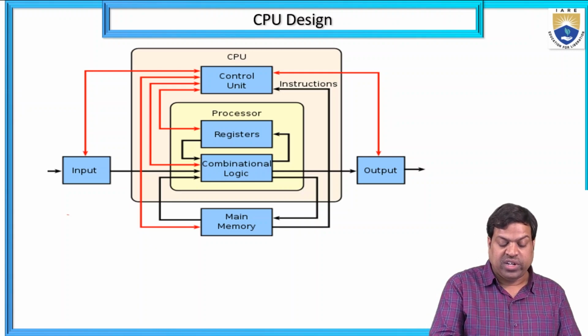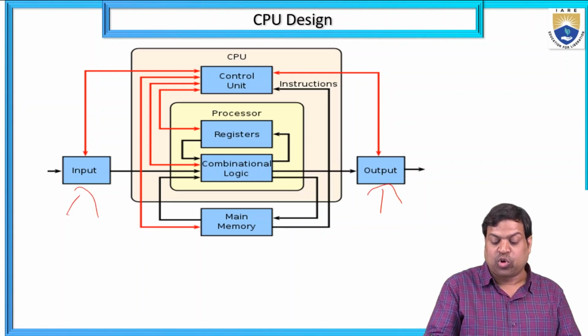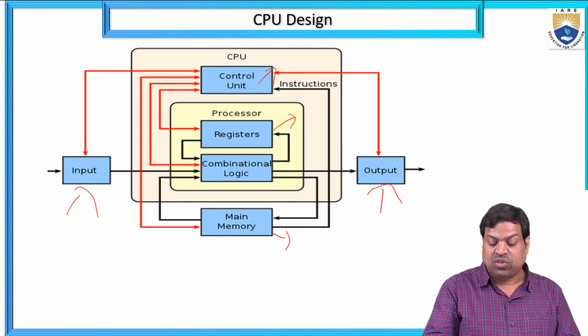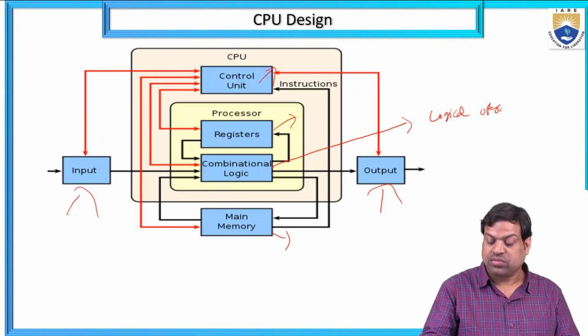So in the CPU design, there is the input and output. Between the input and output, what is there? The CPU is there. In the CPU, there is the control unit, the processor meaning ALU, and main memory. So the processor means registers and combinational logic.